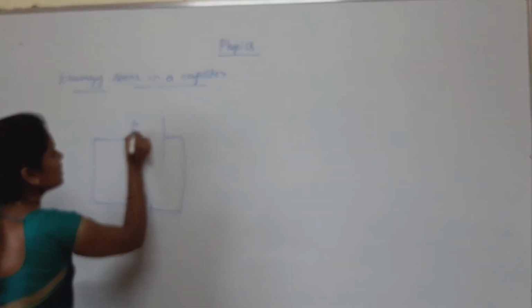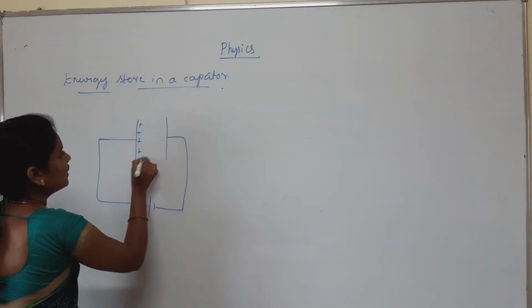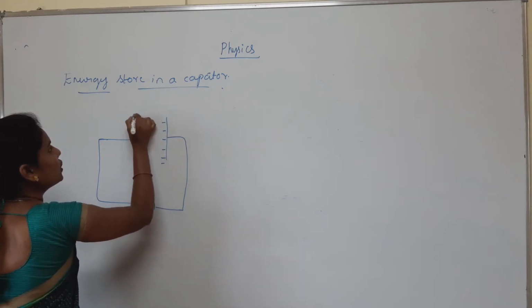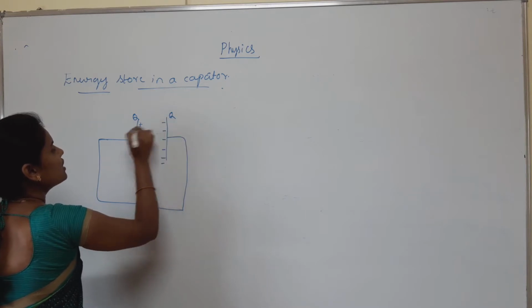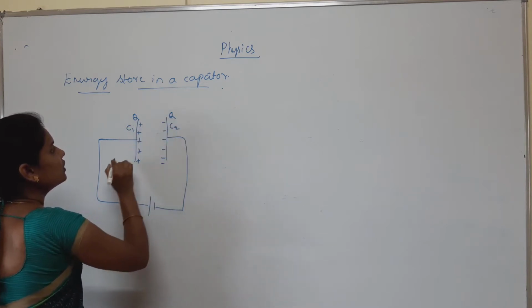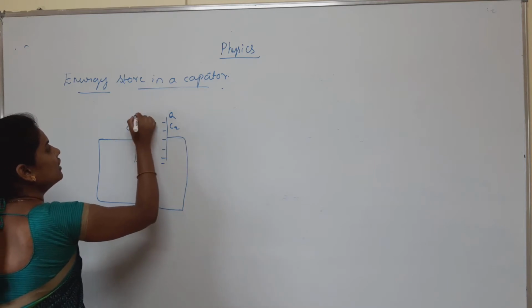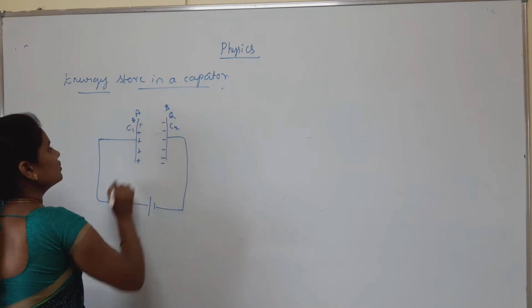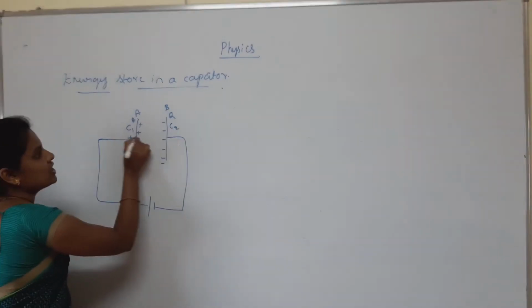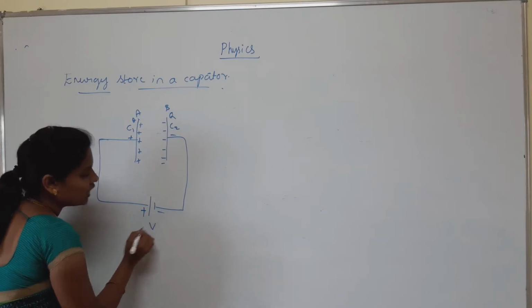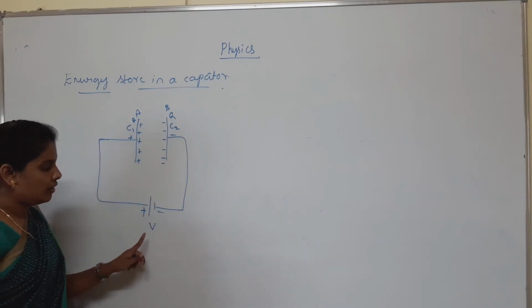One plate is positively charged and the other negatively charged, with charge Q. The potential difference here is V.